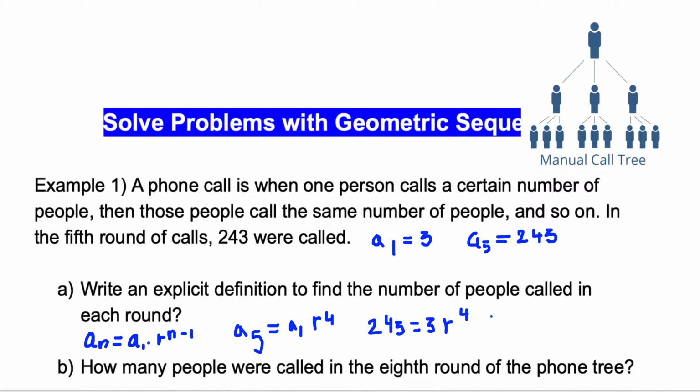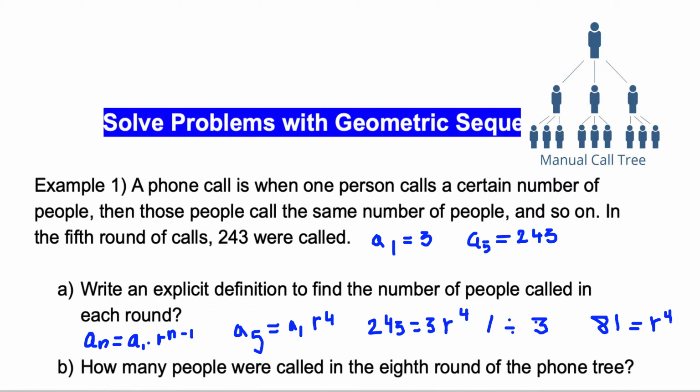What we have to do first is divide everything by 3. If we divide 243 by 3, we get 81. And on the right side, if we divide by 3, we remain with just r in exponent 4.